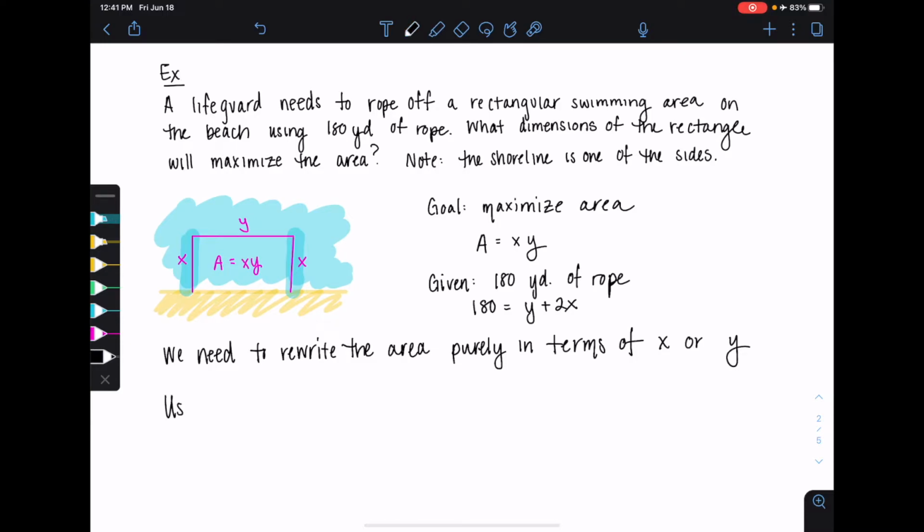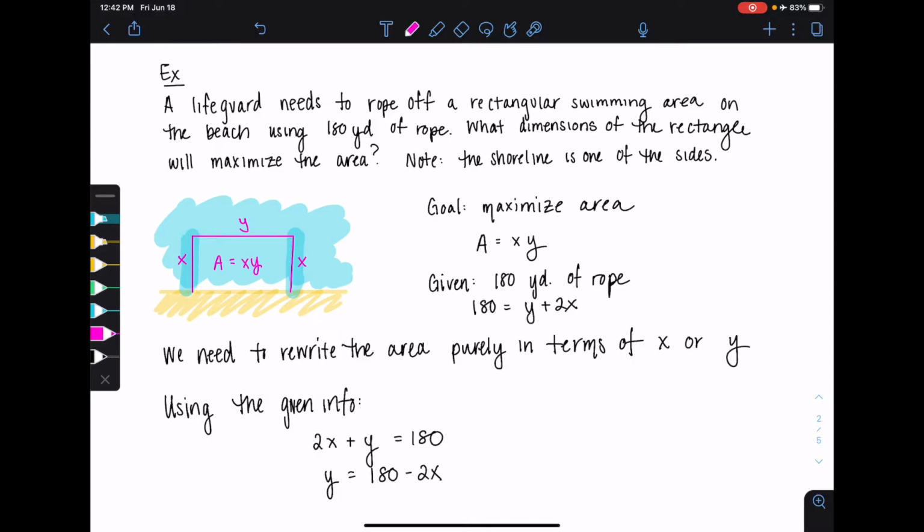So using the given info, we have 2x plus y is 180. I can easily solve that for y. That's 180 minus 2x. So instead of writing y up here, I can say this side is 180 minus 2x.